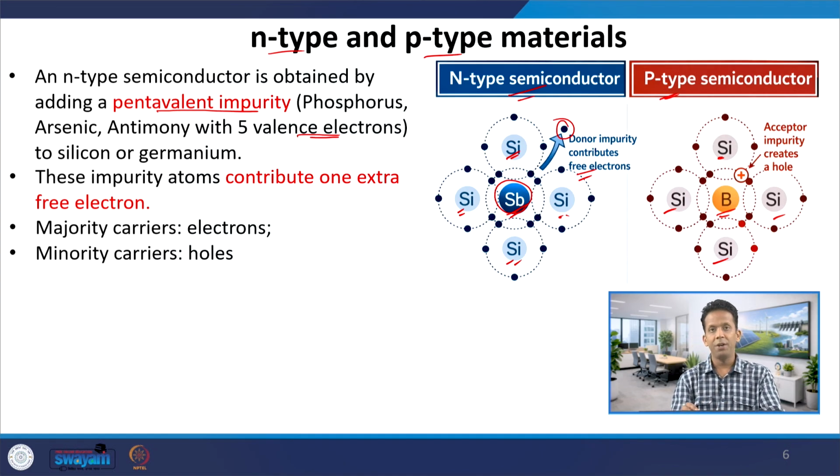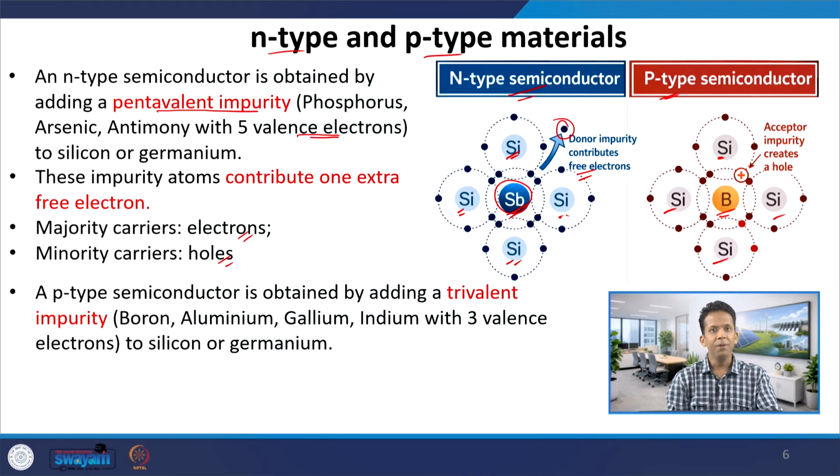Majority carriers in N-type material are electrons and minority carriers are holes, because once the electron jumps from its band and leaves its position, a hole is created in that place.